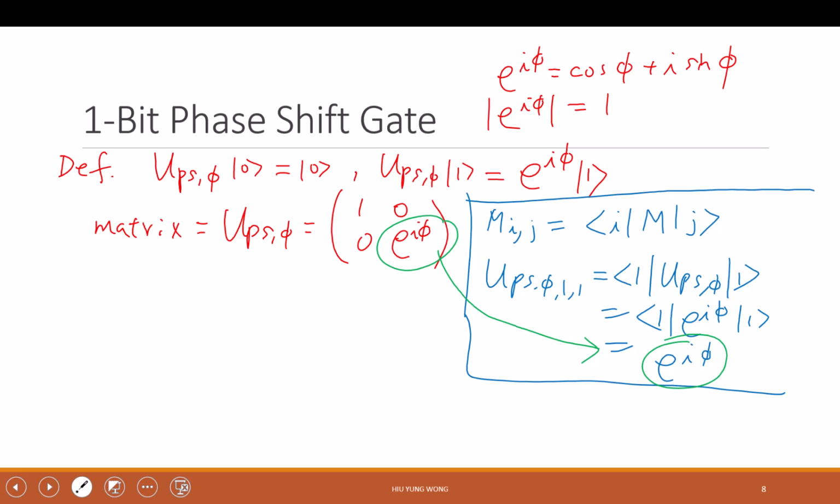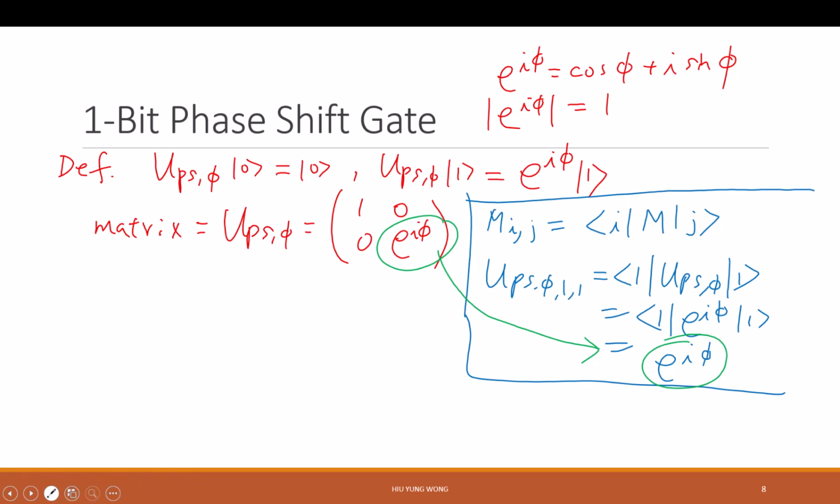But if you use this to do further operation or to have interference with another qubit, for example, then this can cause some constructive or destructive interference. Then it will have a physical significance. So there's a phase shift which we cannot observe in the classical world, unless we do some interference.